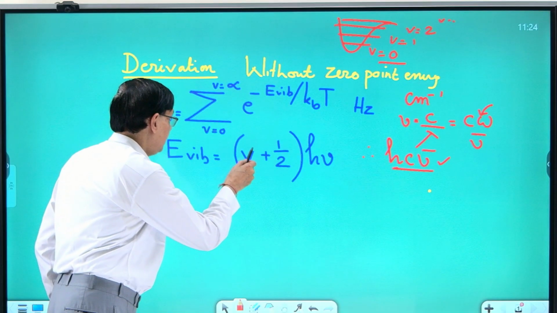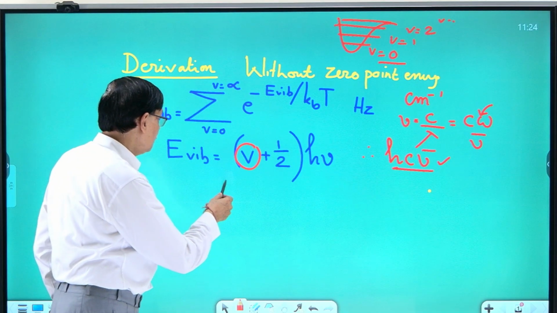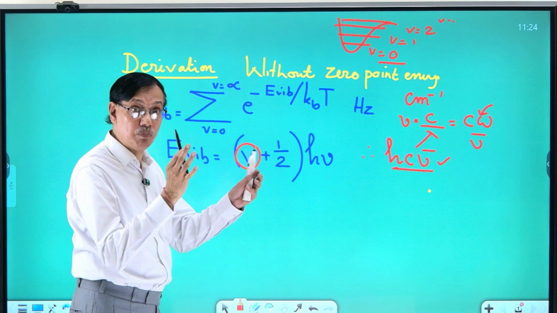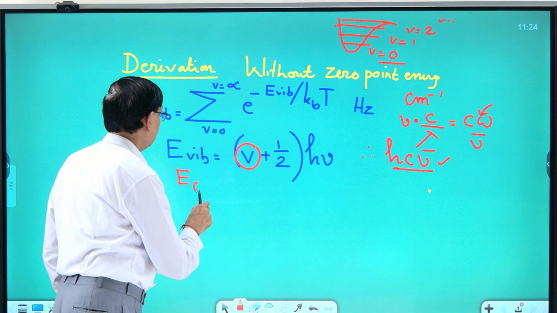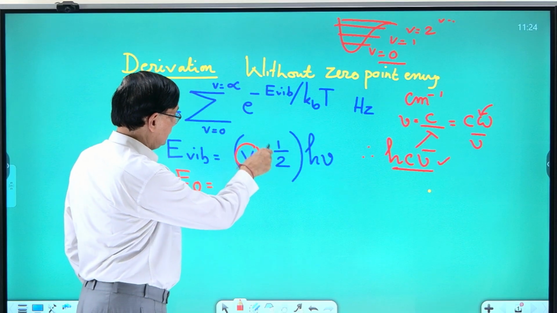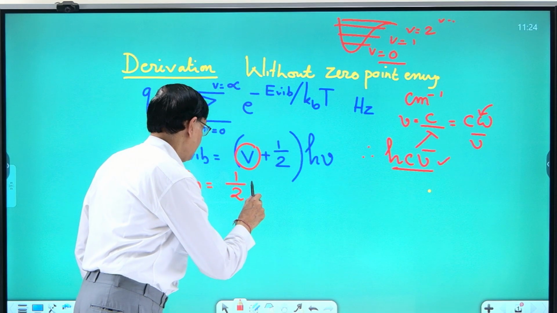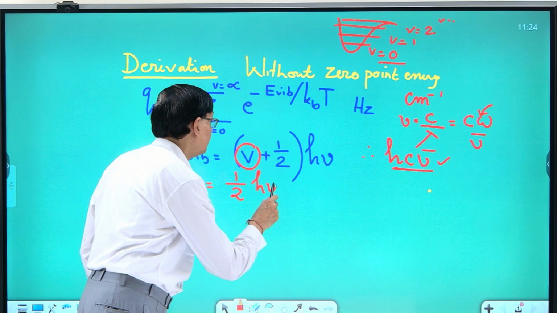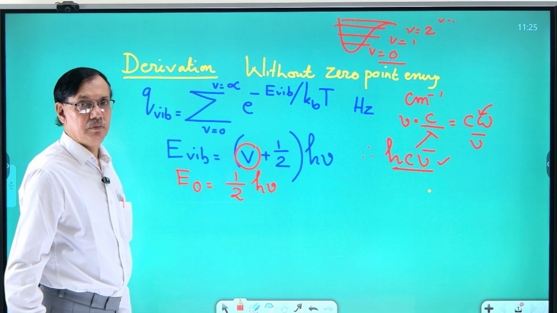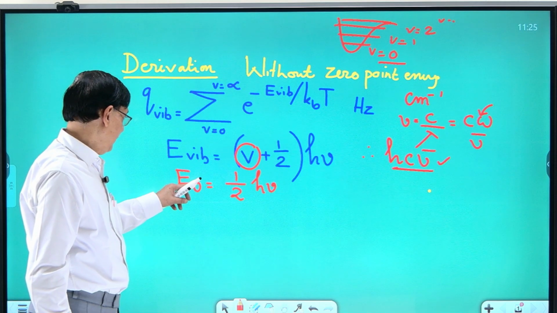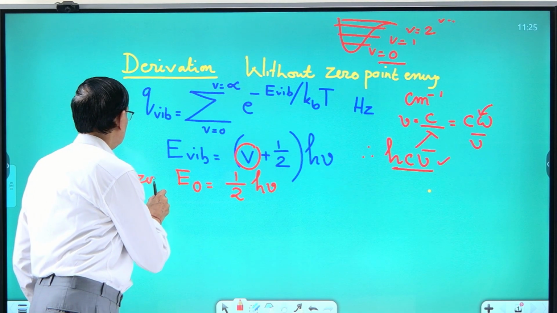If V is equal to 0, then at zero point energy, that means E0, we get half h nu. This is the value of the vibrational energy at zero point. It is the zero point energy.